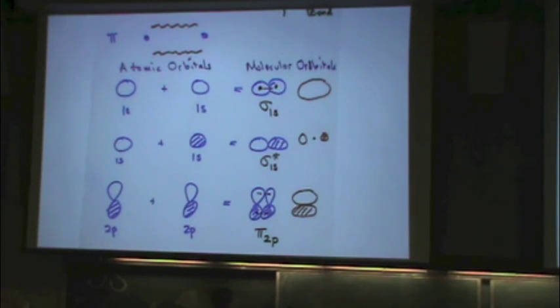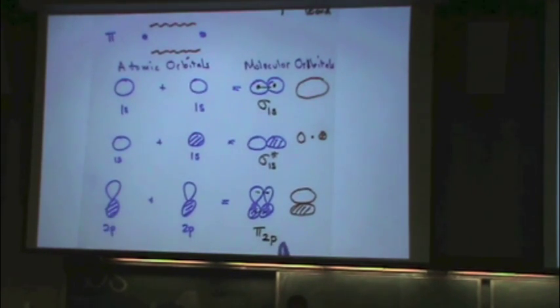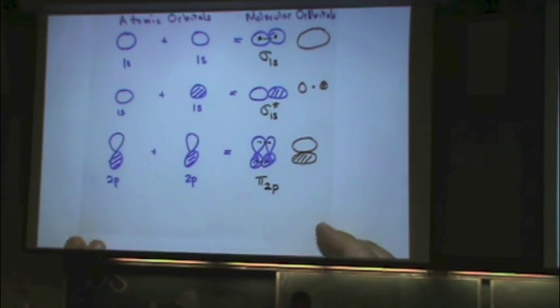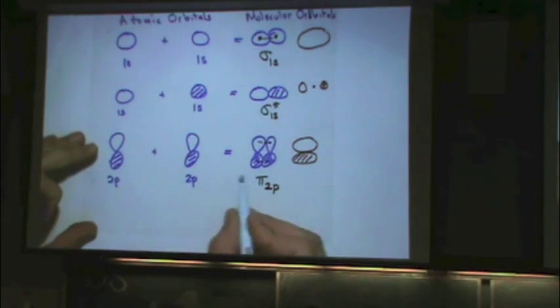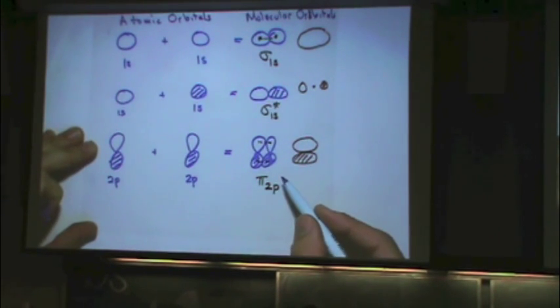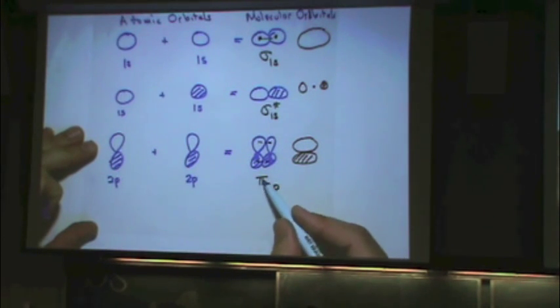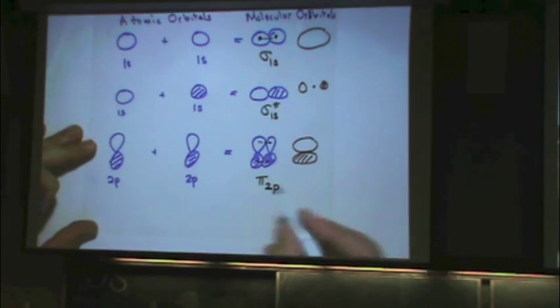P. Thus, p atomic orbitals typically form pi molecular orbitals. Okay, let's try another one. That would be what we call the bonding molecular orbital, or a pi 2p bonding molecular orbital.